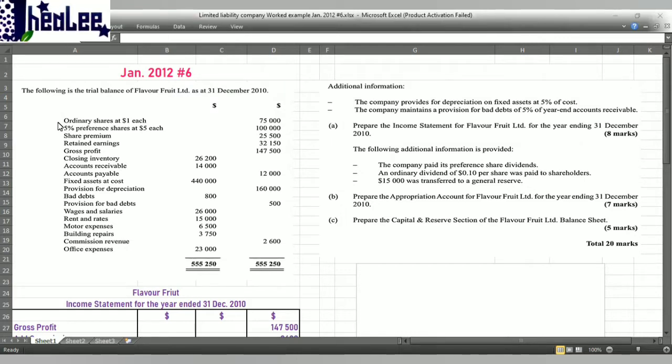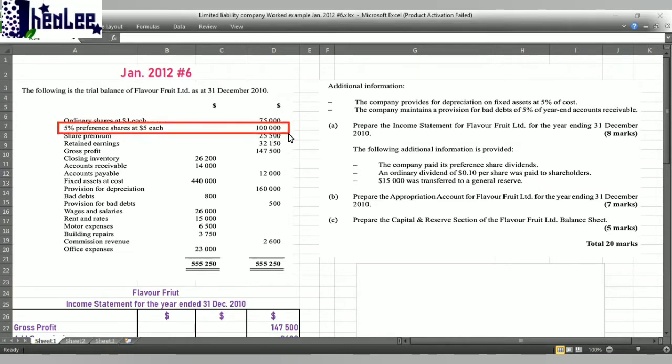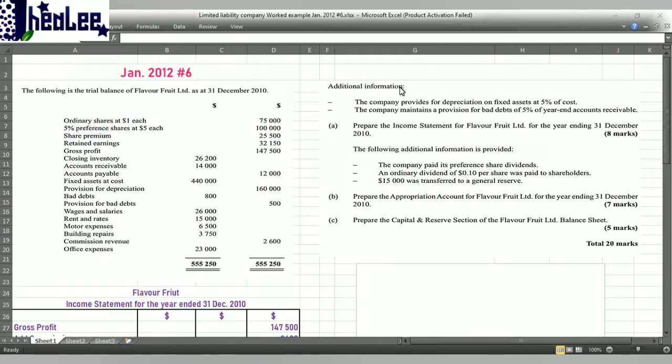In the question, in the trial balance, you're seeing 5% preference shares at $5 each, and the value of that is 100,000.